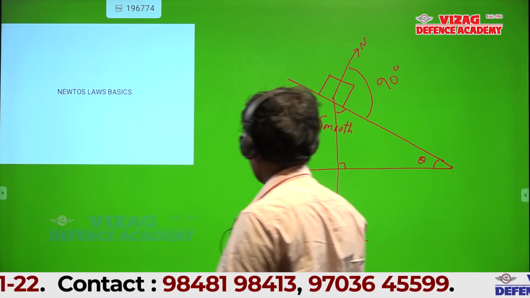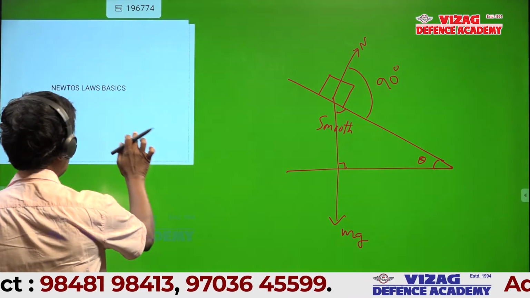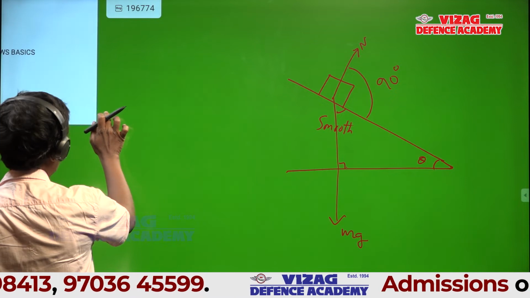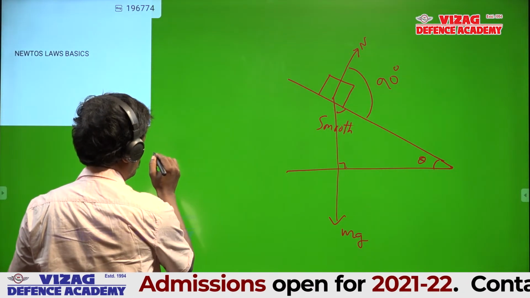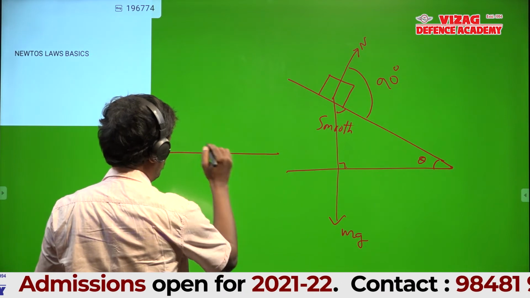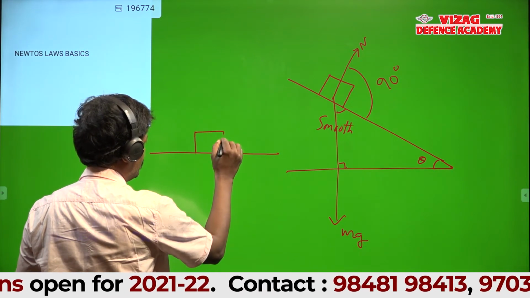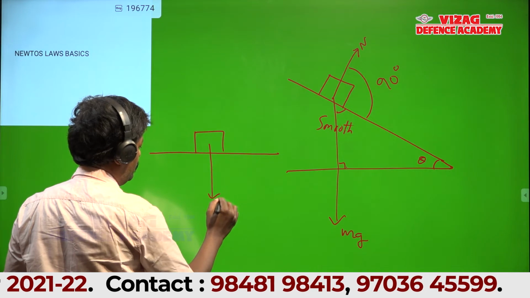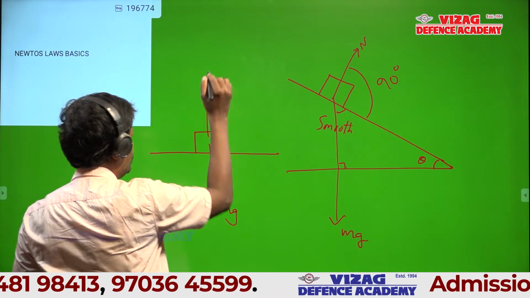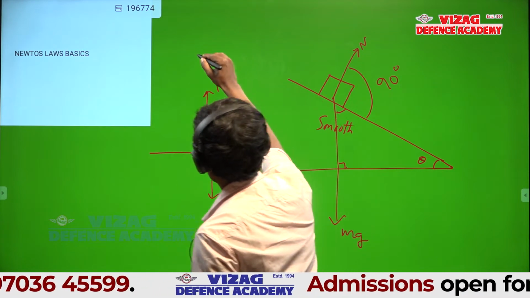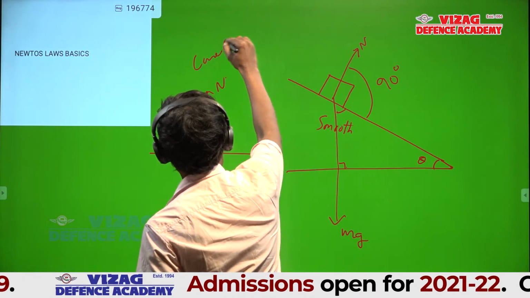For example, if I take, Sir, mg is gravitation force only. Mg is gravitational force, right? Yes, no doubt, gravitational force. Look at this here. mg is down. Here, in case 1, both are perpendicular to each other.